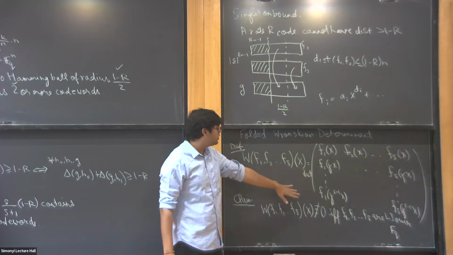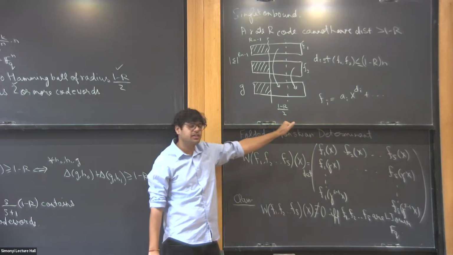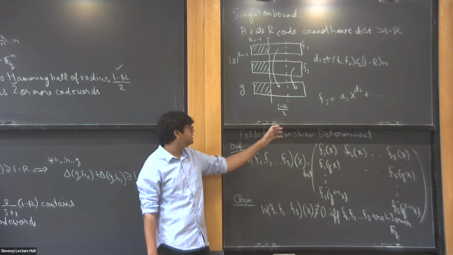I can change all these polynomials into fi being some non-zero ai with x to the di and then remaining terms. And the di's are distinct.